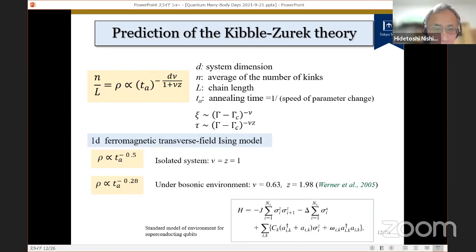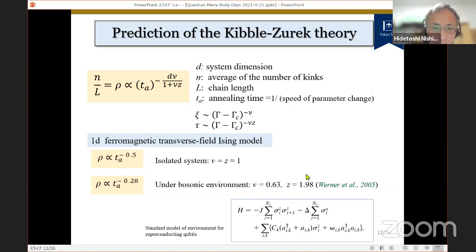But this is about an isolated system without interaction with the environment. But it is known from simulations that if we introduce interactions with the external environment represented by bosonic fields, then these exponents will be changed from 1 to 0.6 or 1 to 1.98.